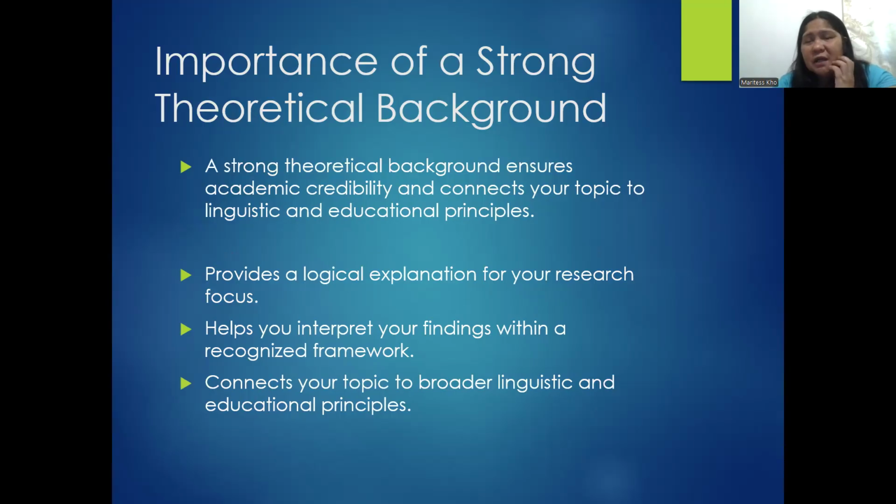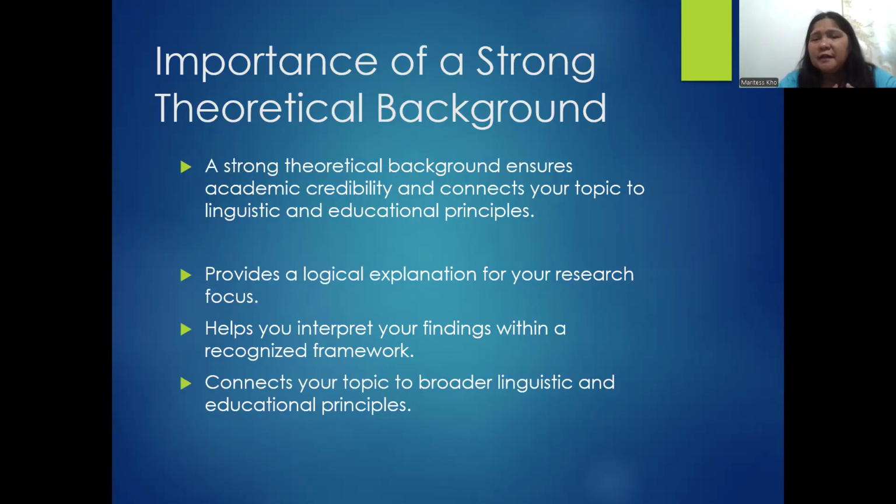So when your study is supported by recognized theories, it shows that you are building on solid academic ground. This also makes your work more reliable and respected in the entire academic community.